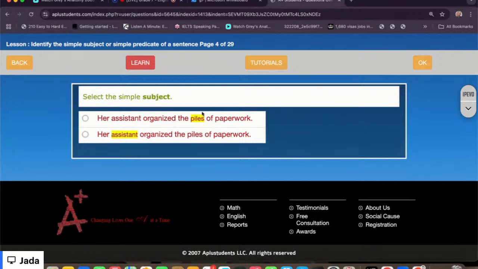So select the simple subject. Her assistant organized the piles of paperwork.